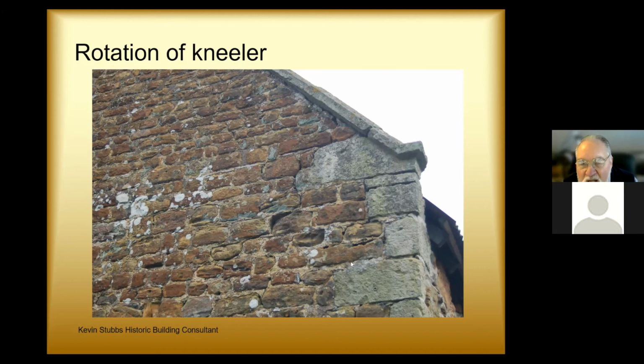So in this particular case, what we don't need to do is replace this kneeler. We accept that it's undersized, but what we do is drill vertically through these copings into the core of the structure, and we put anchors in every third block, so that you've stopped this movement of these copings down the slope of the roof, and that will conserve the end of the building.